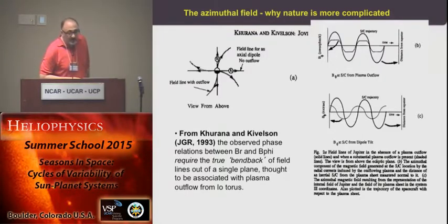So in reality, what we have is field lines that don't lie in one single flat plane, but that plane of the field line, if you will, curves and bends back against the direction of planetary rotation the further out one goes in the magnetosphere. And that effect is associated with strong outflow of plasma from the Io torus, and a similar effect is seen at Saturn as well.